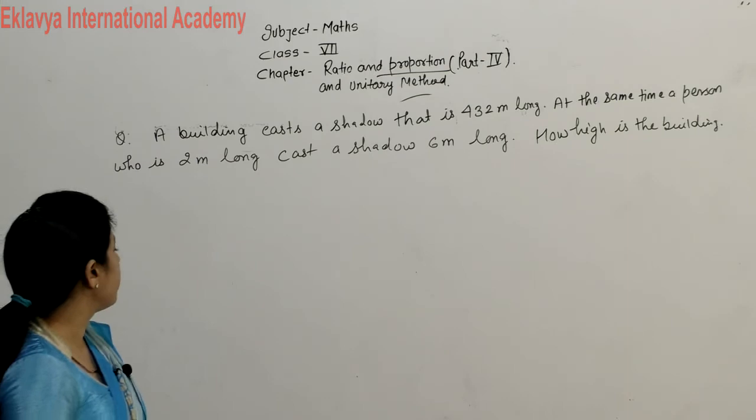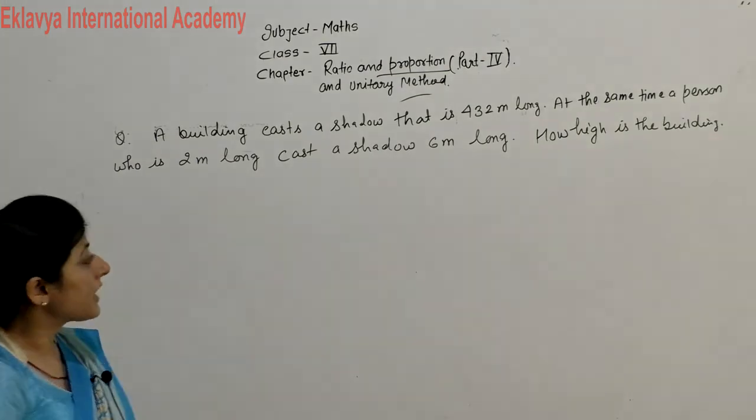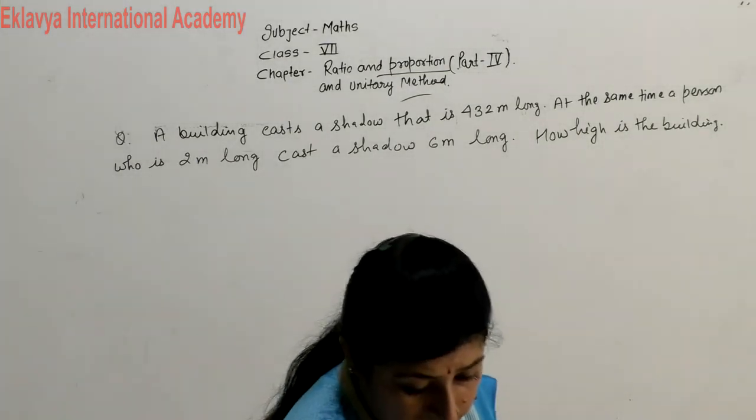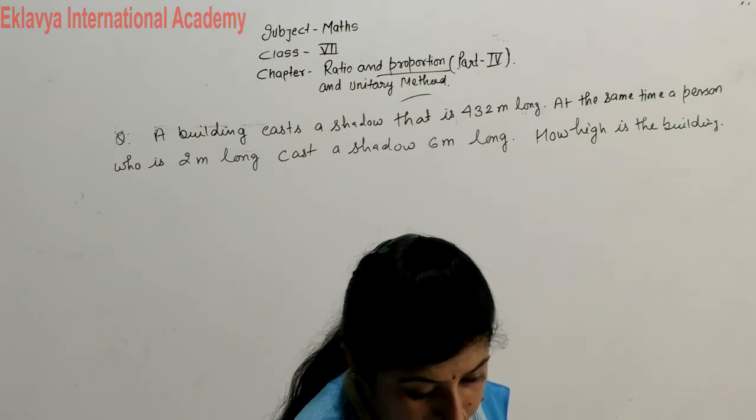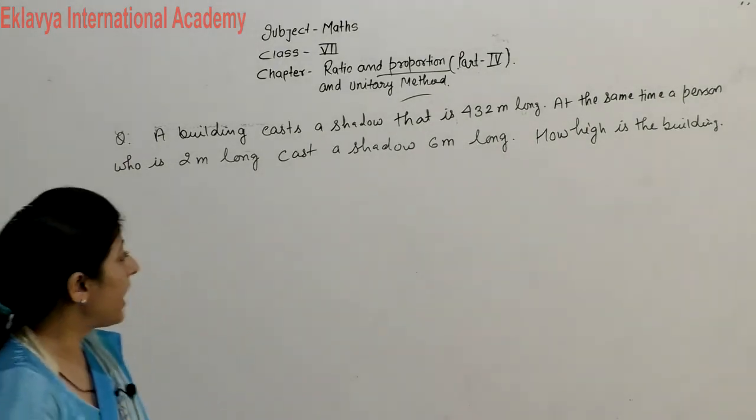At the same time, a person who is 2 meters tall casts a shadow 6 meters long. How high is the building?